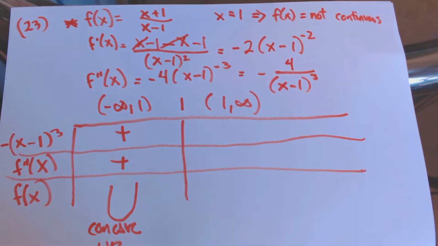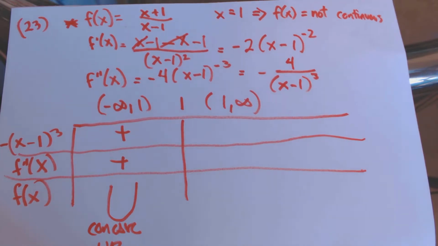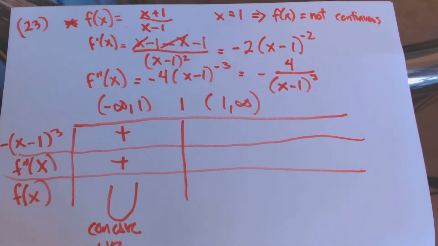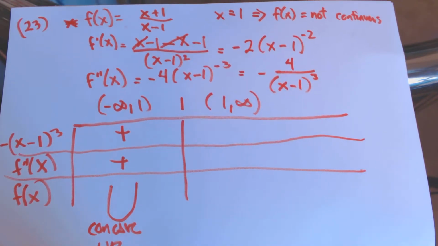Alright, now let's look at the interval between 1 and infinity. Let's plug in 1. 1 minus 1 is 0, cubed, 0 times negative is going to still be 0. Let's plug in 2. 2 minus 1 is 1 cubed.